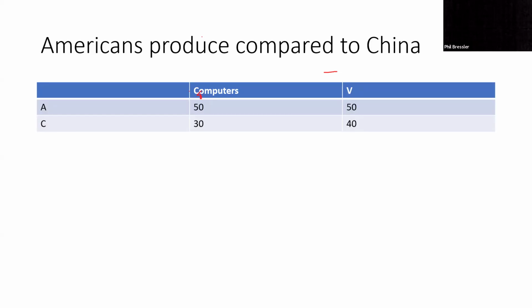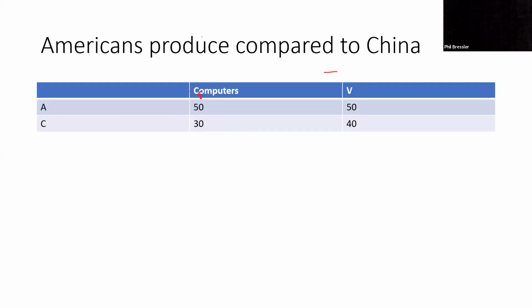It's how many computers, how many TVs. Sorry, strike that. Who has the absolute advantage in computers? My fault. Okay, the United States. Who has the absolute advantage in TVs? Okay, United States. You can have the absolute advantage in both.